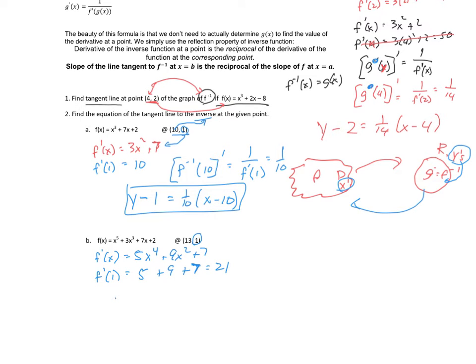So then I know that the derivative of inverse F evaluated at 13 is equal to 1 over the derivative of F evaluated at 1, which is 1 over 21. So then I've got y minus 1 is equal to 1 over 21 times (x minus 13).